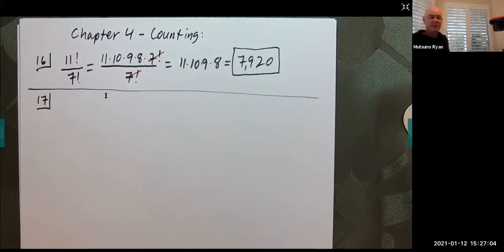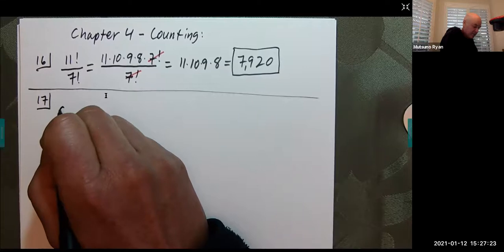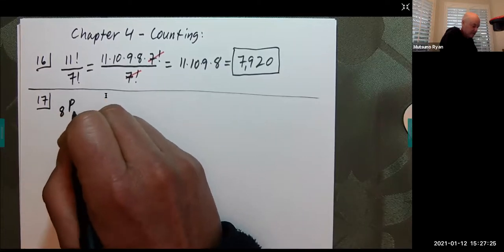Number 17 says, how many ways can 6 people be chosen and arranged in a straight line if there are 8 people to choose from? Well, arranging people in a straight line means that the order matters. So we're going to use a permutation, not a combination. There's 8 people to choose from, permutation 6.